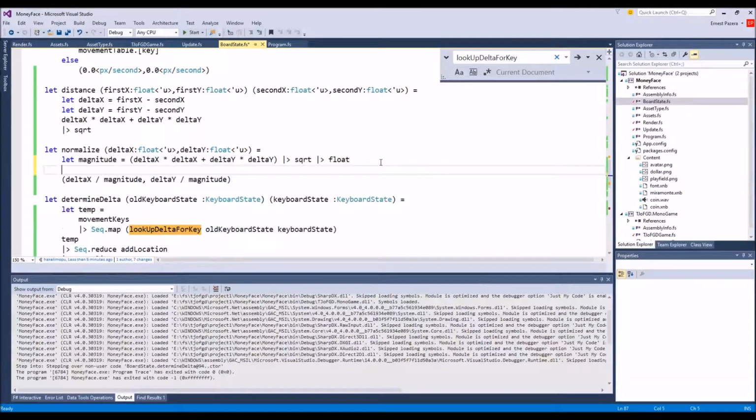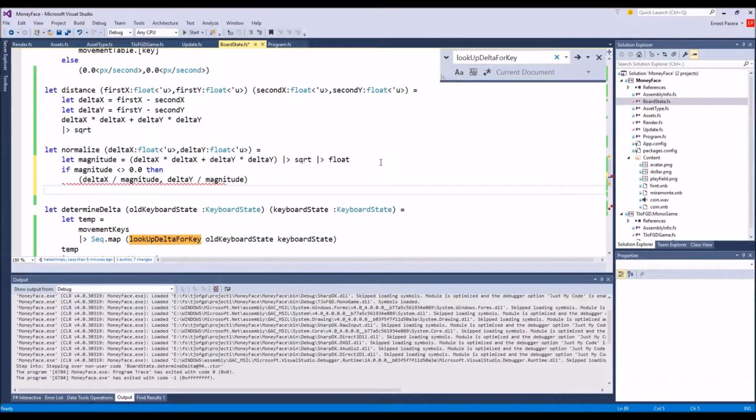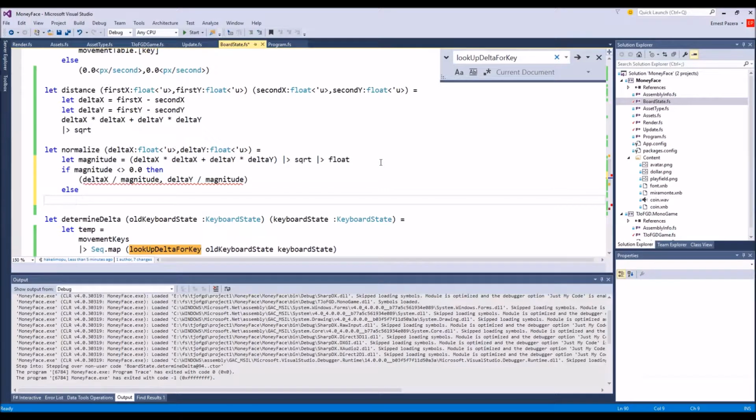So if magnitude is not 0.0, then else 0. Well, you can actually delta x, delta y.